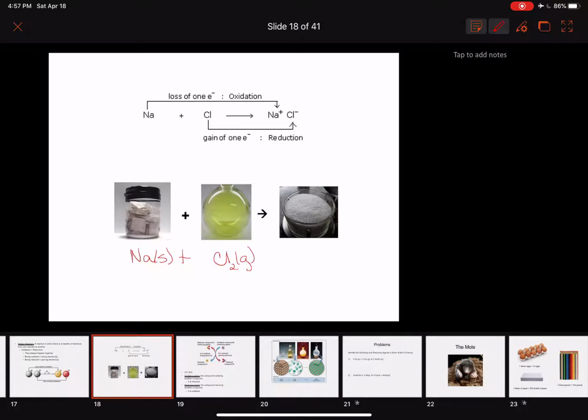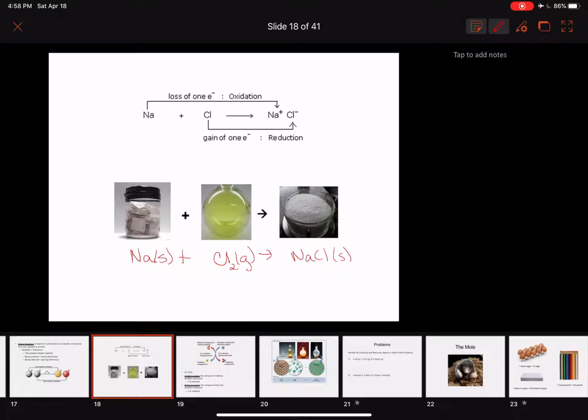And chlorine is a green toxic gas, and that's going to make sodium chloride. And we have a very reactive metal, sodium, reacting with a green toxic gas to make sodium chloride, which is our favorite solid because we like to put it all over our food, and it's such a lovely compound.